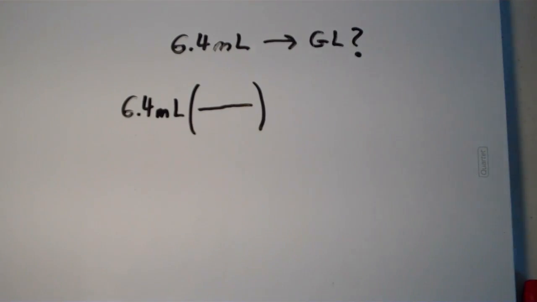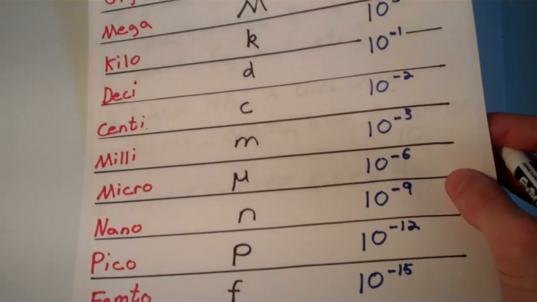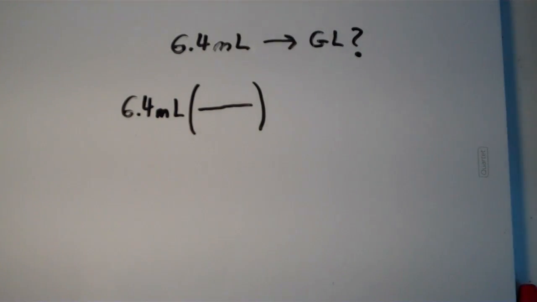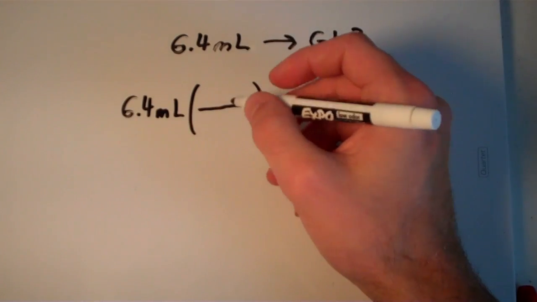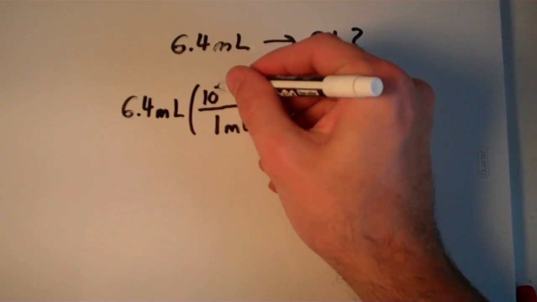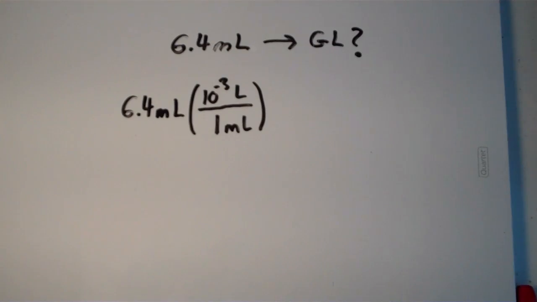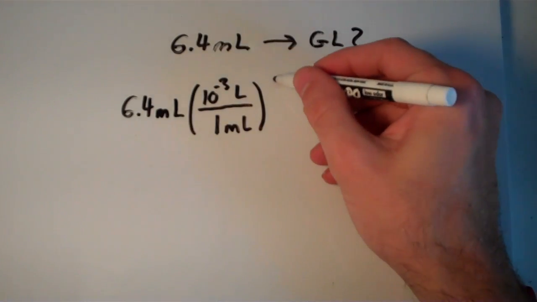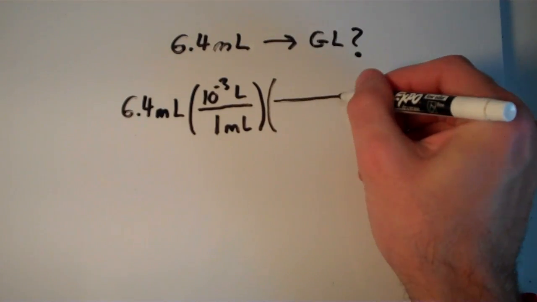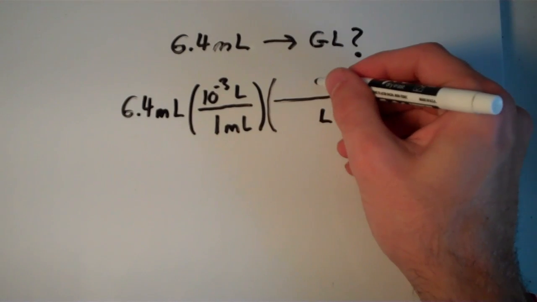If we look at the prefix multiplier for milli, it says that it is 10 to the negative 3. So that means that for every 1 milliliter, there are 10 to the negative 3 liters. But of course we're not trying to get liters, we're trying to get gigaliters. So I'm going to set up a second conversion factor in which we put liters on the bottom now, and then we'll put gigaliters on top.